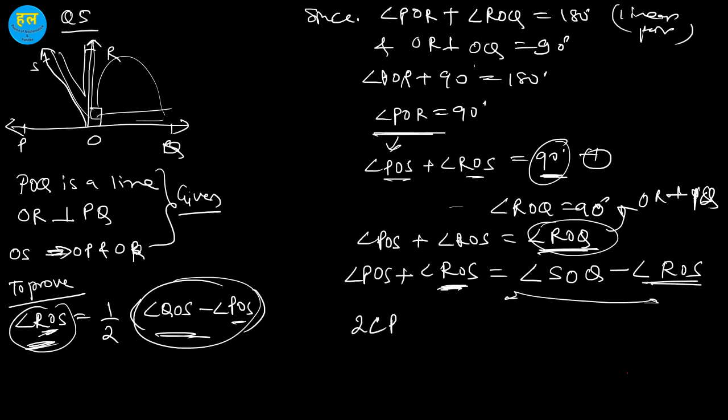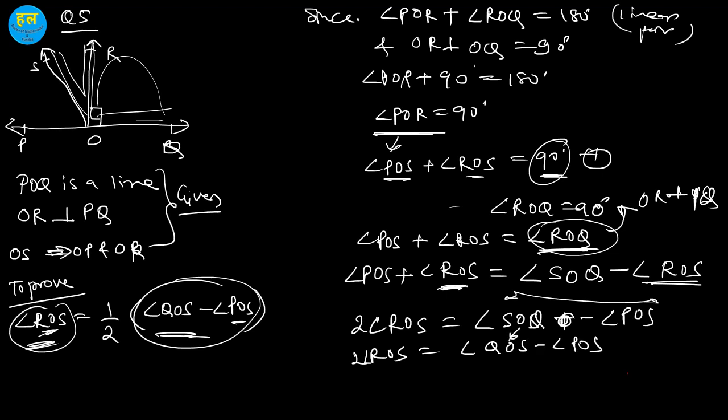So 2 angle ROS is equal to angle SOQ minus angle POS, or 2 angle ROS is equal to angle QOS minus angle POS, or angle ROS is equal to 1 by 2 of angle QOS minus angle POS. Hence proved.